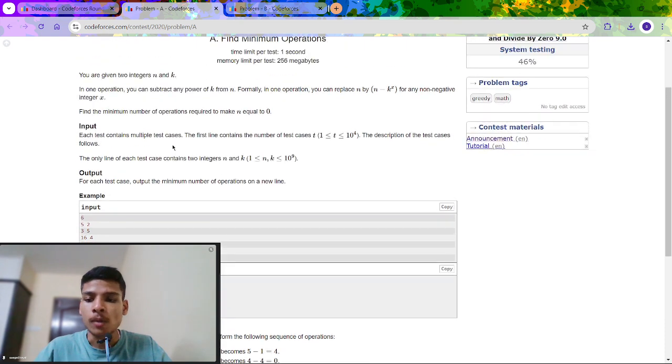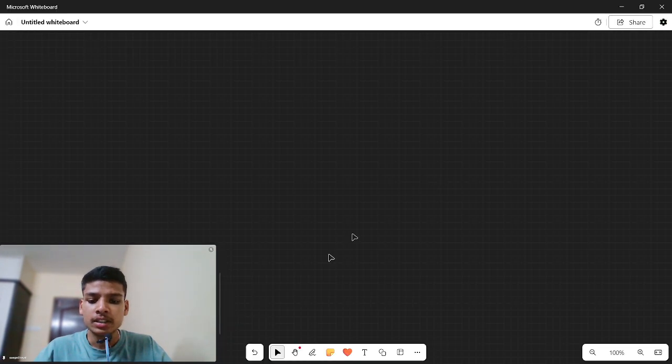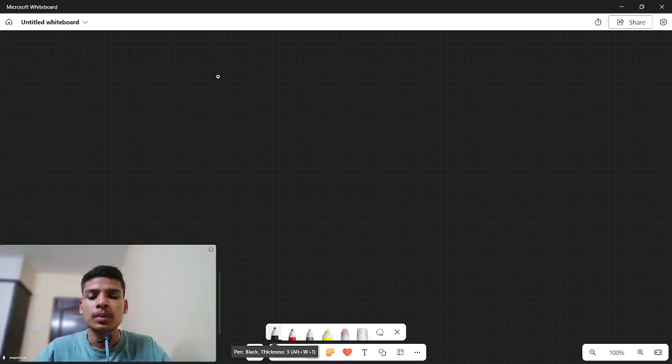So how can we solve the problem? Let's first illustrate it with k equal to 2. For example, if we are given the number 10, how do we solve it? We break 10 into powers of 2, which is 8 plus 2.